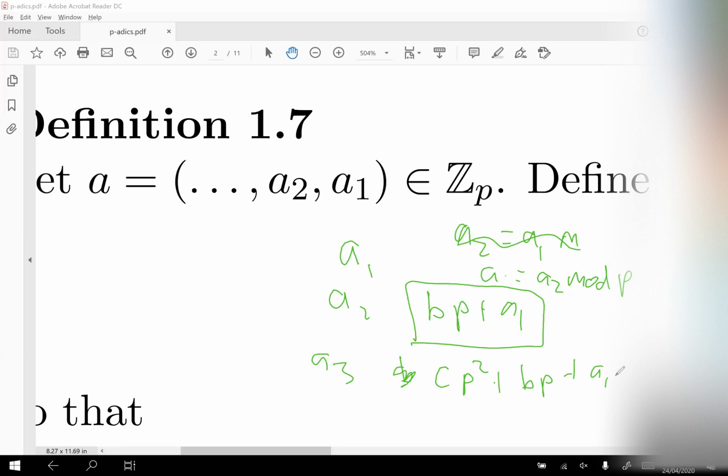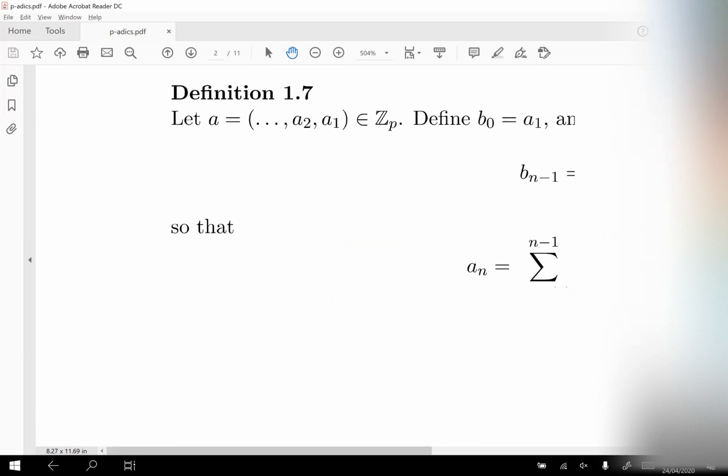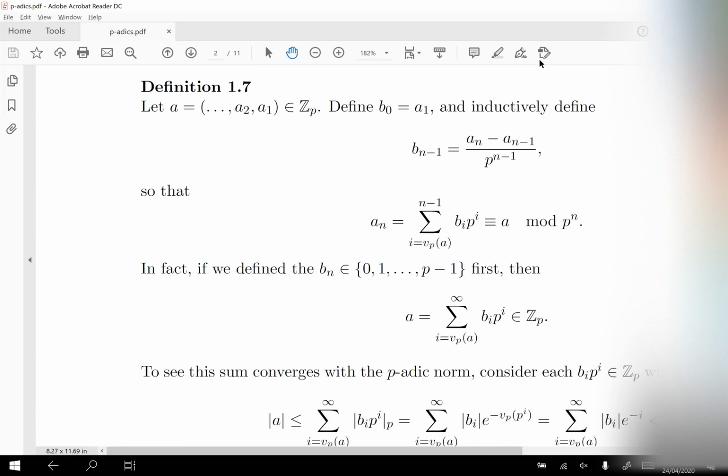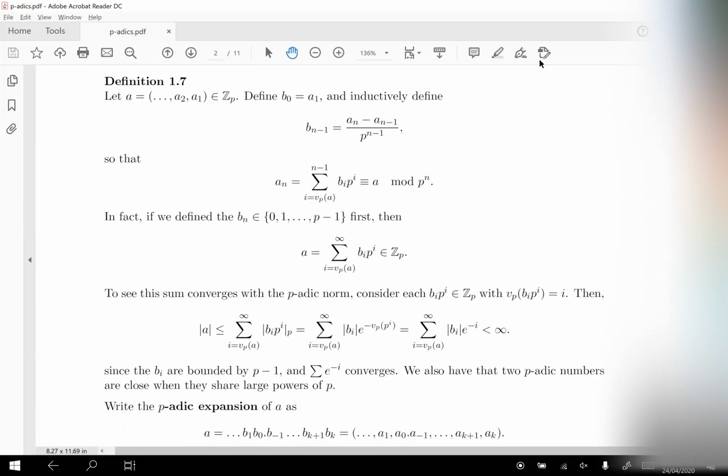And then you can see that this is an expansion in base p. That's another way to see why we can do what we did in Hensel's lemma, where we can substitute things into a polynomial and do everything there.